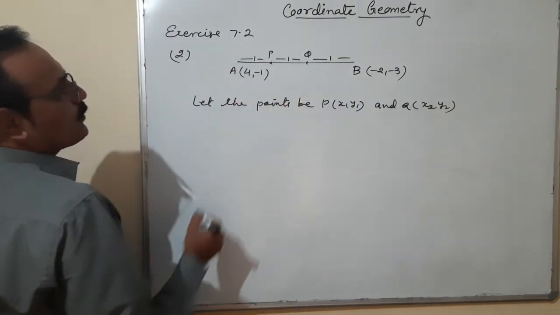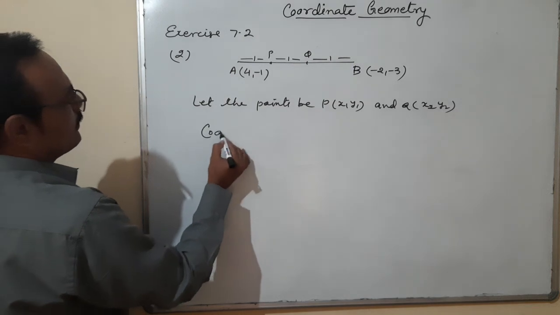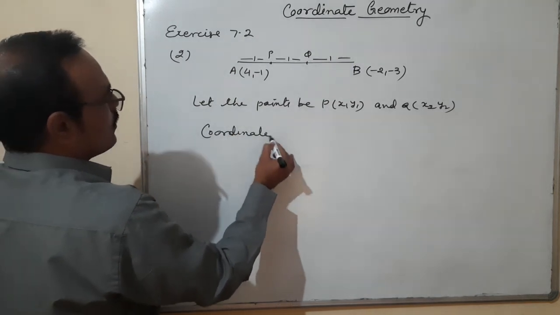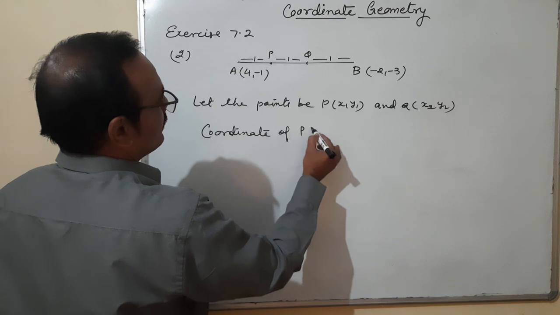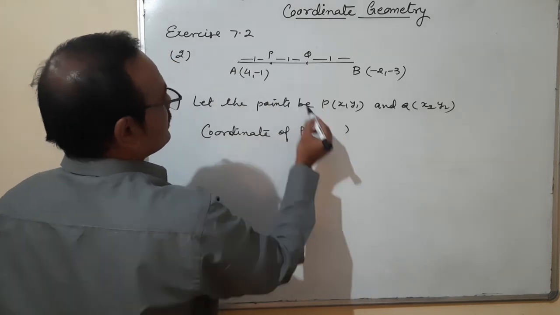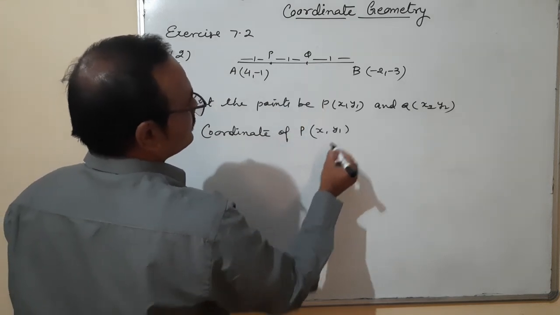If we are going to find the coordinates of point P, this is x1, y1.